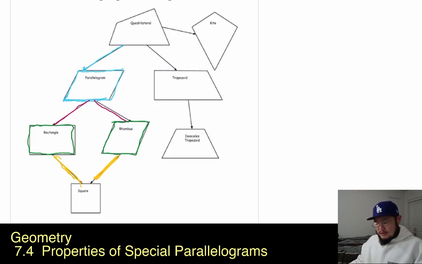So those are all the different properties of quadrilaterals that are four-sided, but they all stem from the family of a parallelogram. So let's take a look in more detail at these special parallelograms.